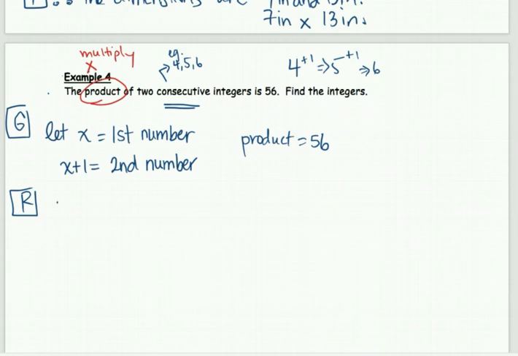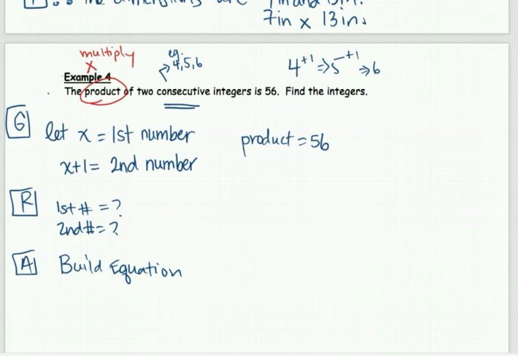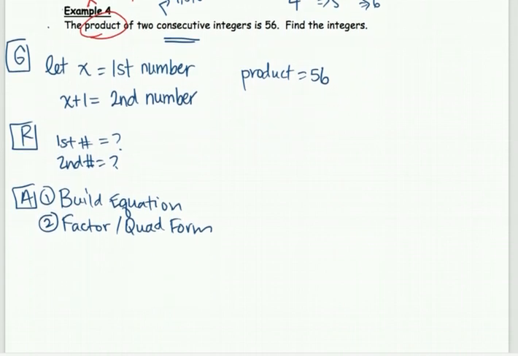We need to find the integers, so we need to find the first number and the second number. So let's build our equation. That's our first step. And again, you don't see max or min anywhere, right? So that's how you know, okay, this is just a factoring or quadratic formula type question. The key is figuring out the plan.